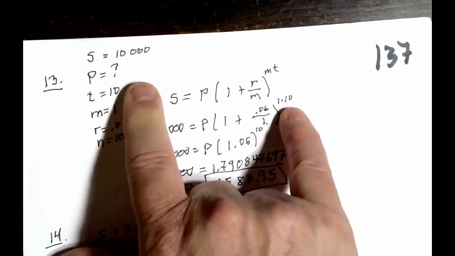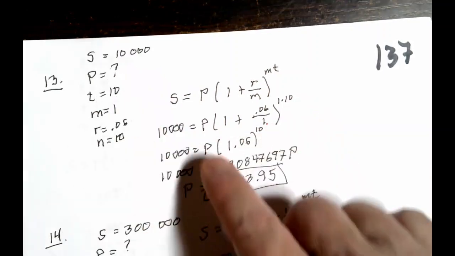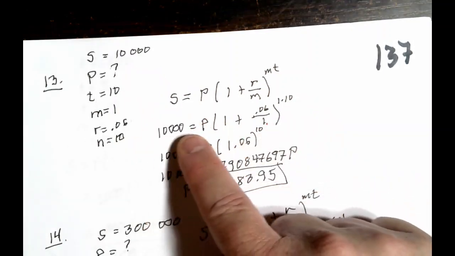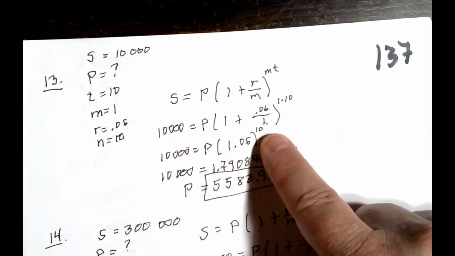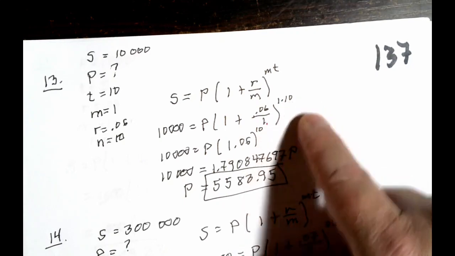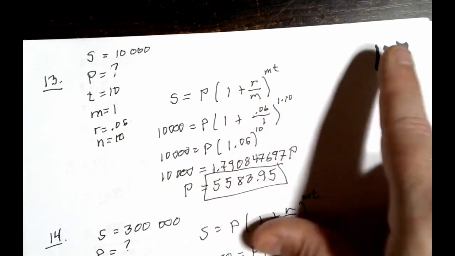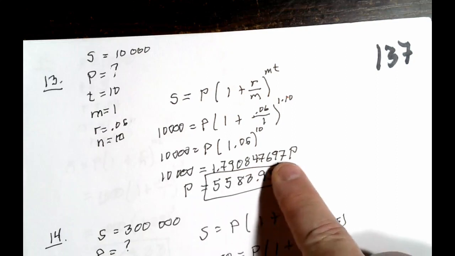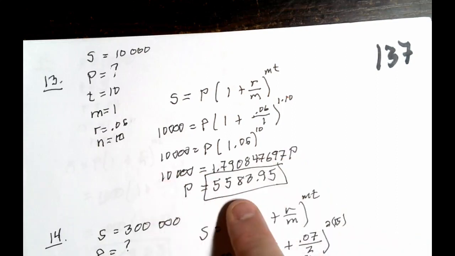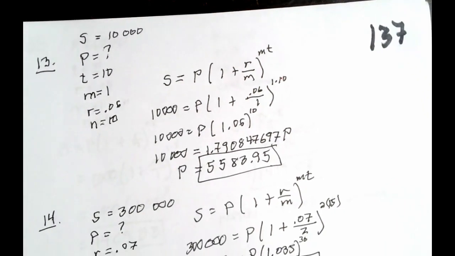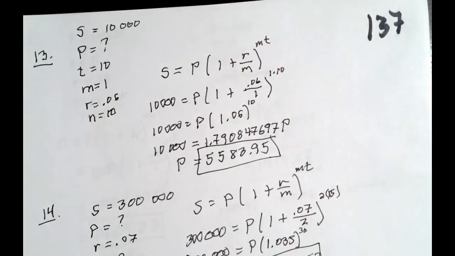R is 0.06. P you don't know, S you do know. So 10,000 equals P times 1 plus 0.06 over 1 raised to the 1 times 10. 1.06 to the 10, which is this number. Divide both sides by that number and you get 5583.95. That's your P.